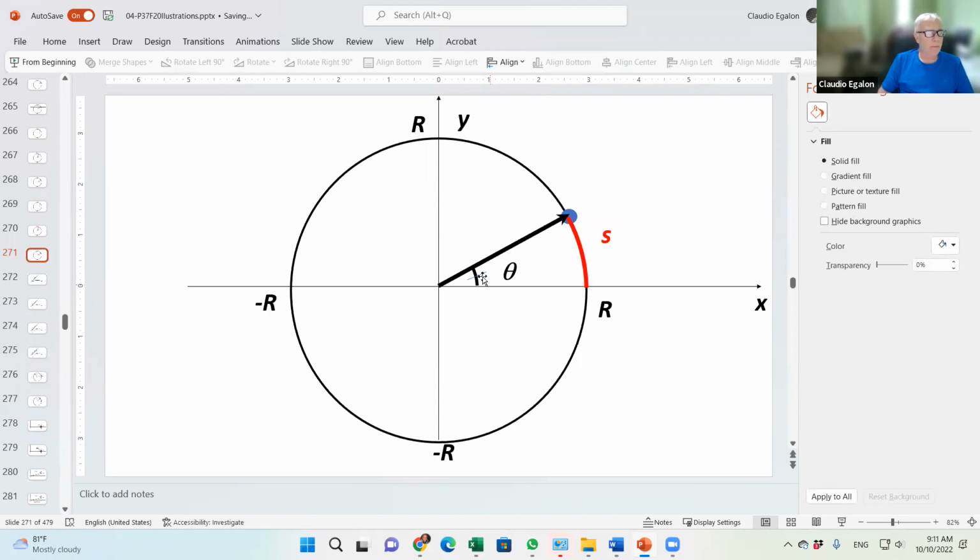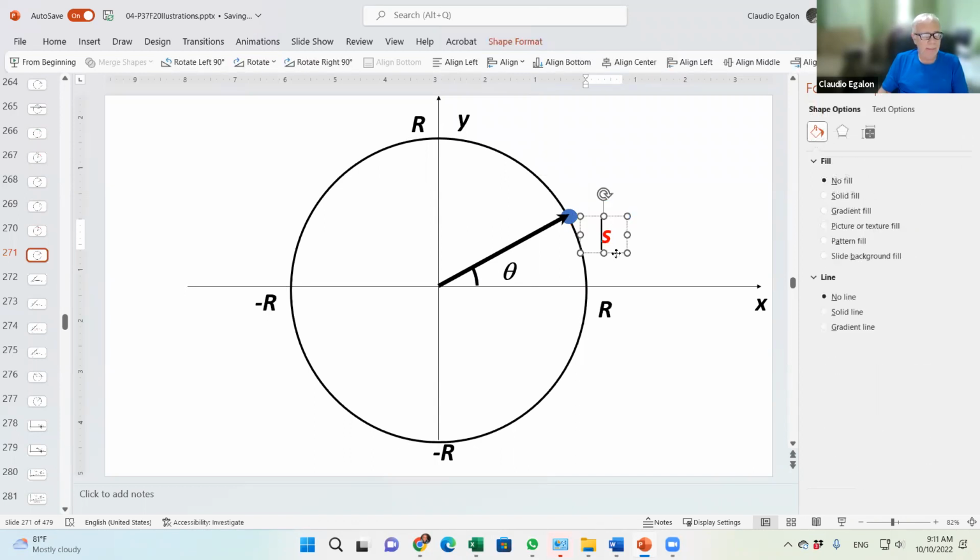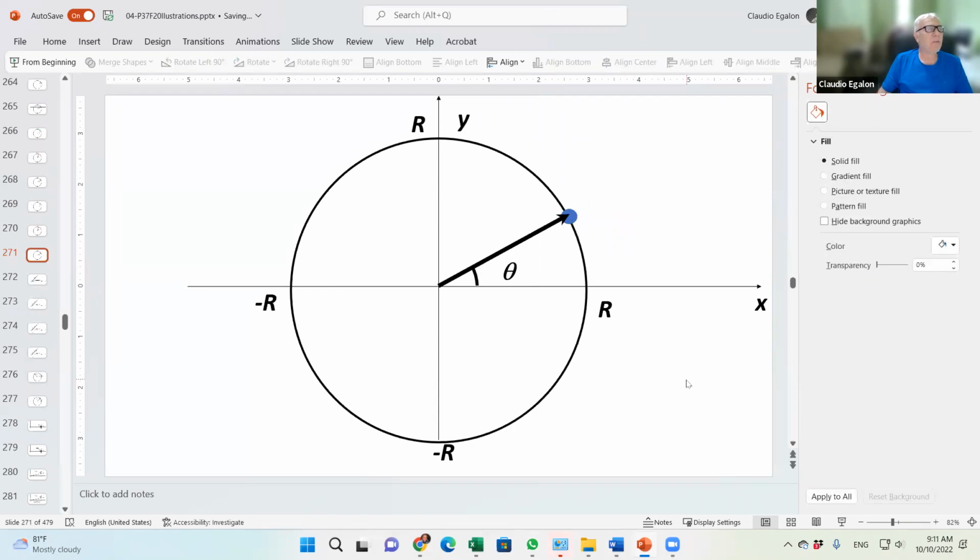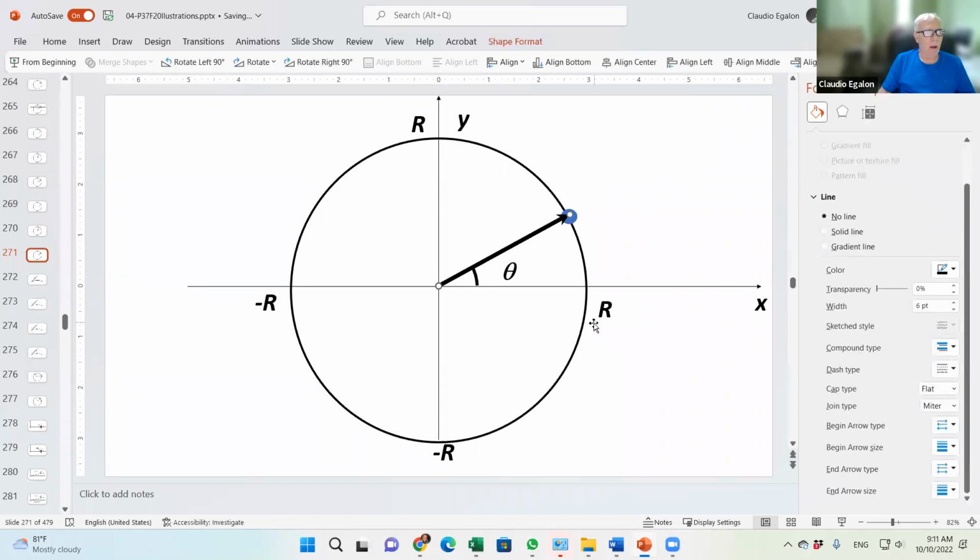Well, how do we visualize the acceleration vector in there? Just remember that the acceleration vector always points towards the center of the concavity of the path.